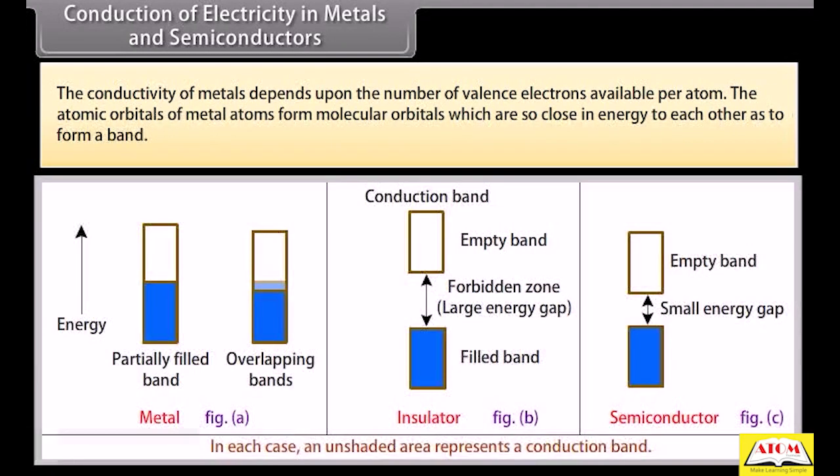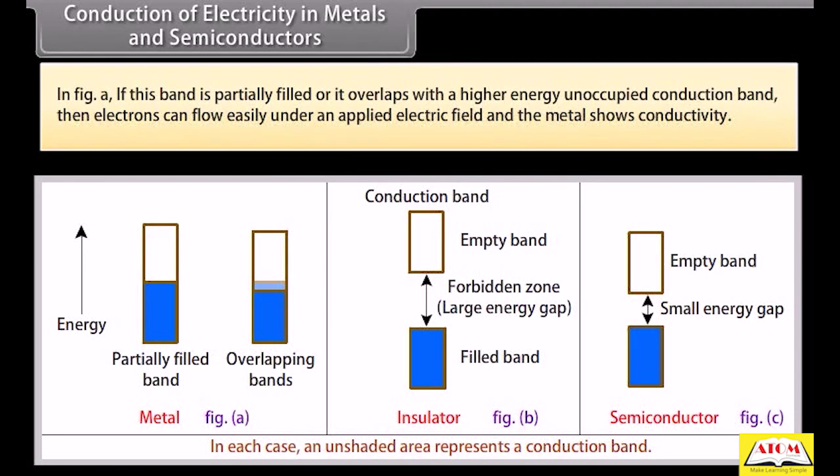Conduction of electricity in metals and semiconductors. The conductivity of metals depends upon the number of valence electrons available per atom. The atomic orbitals of metal atoms form molecular orbitals which are so close in energy to each other as to form a band.